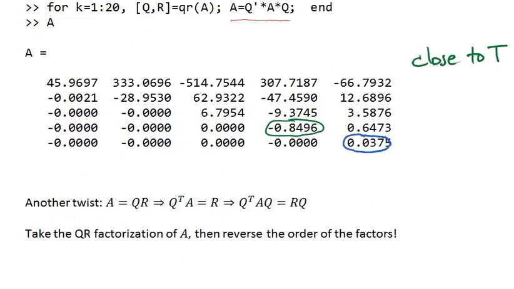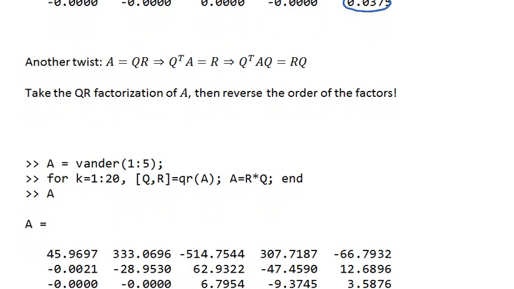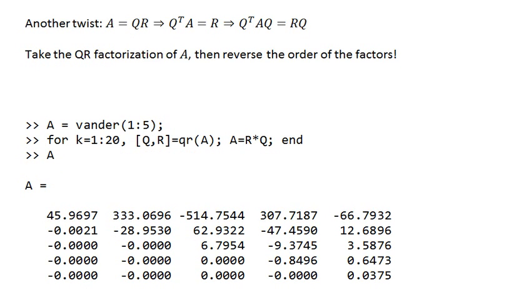There's one more twist in this process that makes it very sleek. So we've been saying that if we do a QR factorization of A, then that's the way of getting an upper triangular R, by putting the Q transpose on the left.